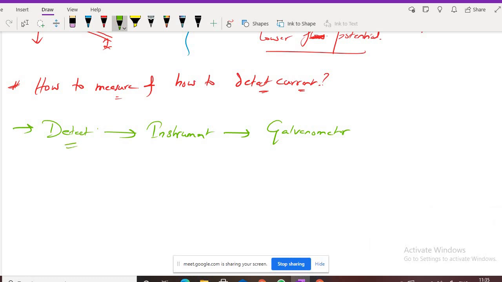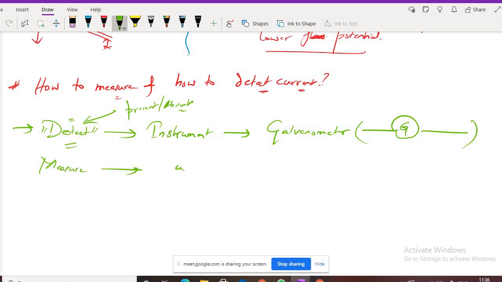Do not make this mistake. Detection means current is present or absent; current is there or not. That means detection is done with an instrument called a galvanometer, and we write its symbol like this, G. Okay, the symbol of galvanometer.